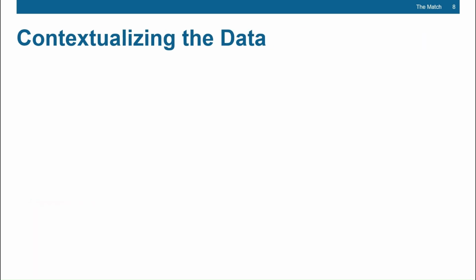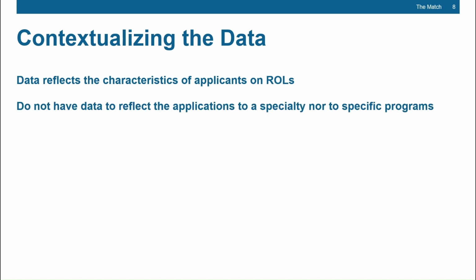Before we move on to our results, we want to take a moment to contextualize the data we'll be presenting. First, the data reflects the characteristics of applicants included on program rank order lists. Data will be presented by specialty, so although data are based on individual programs, the data have been aggregated at the specialty level so that individual programs are not identifiable.